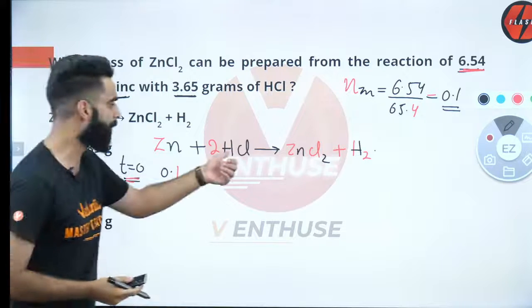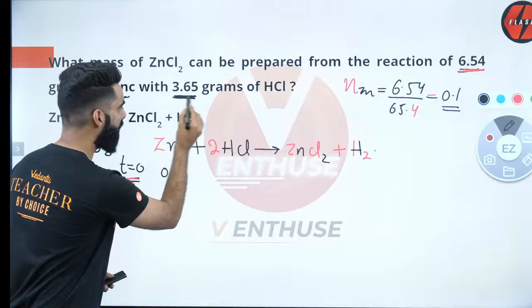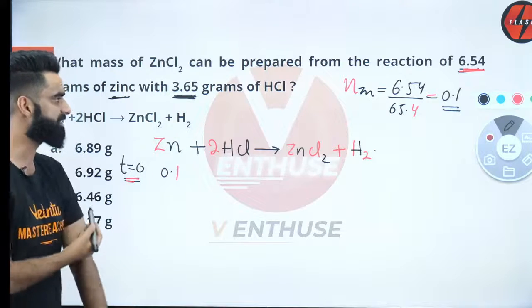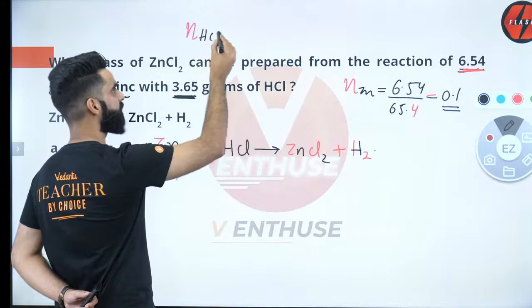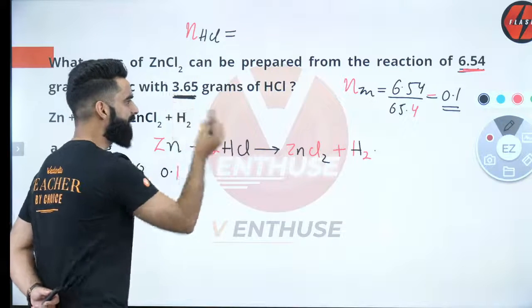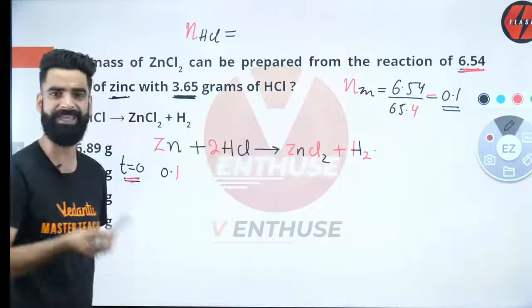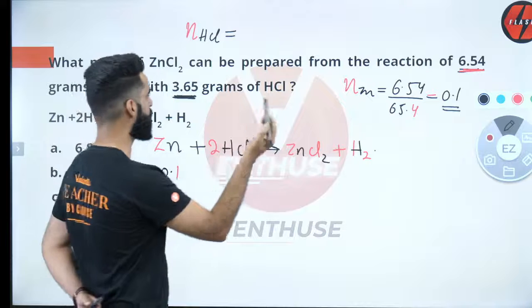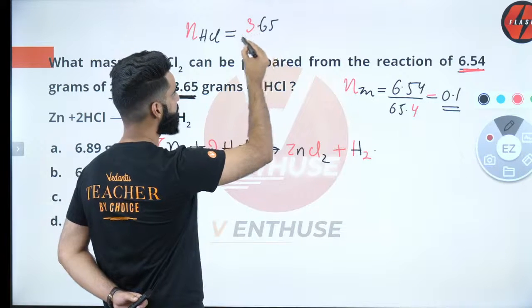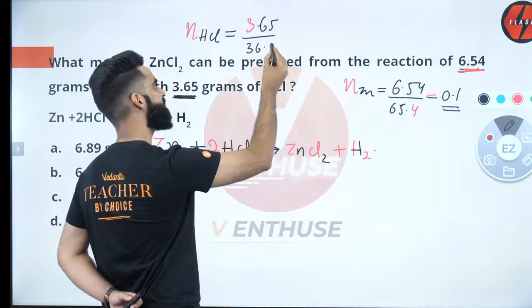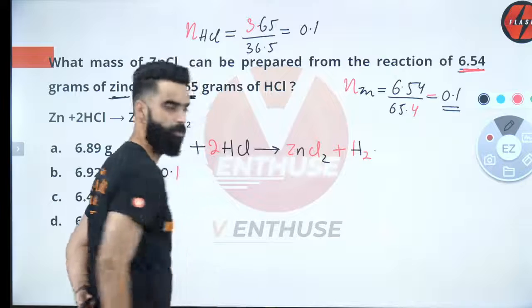Talking about the moles of HCl, we are given the mass of HCl, which is 3.65 grams. Let's convert it into moles. The number of moles of HCl is the given mass of HCl, 3.65 grams, divided by the molar mass of HCl, 36.5 grams per mole, and I'll again get 0.1.